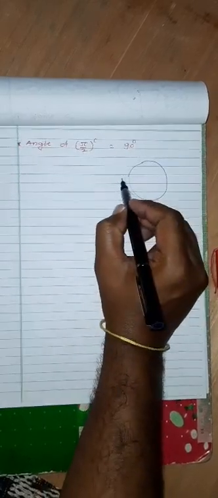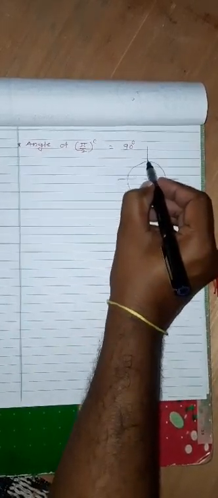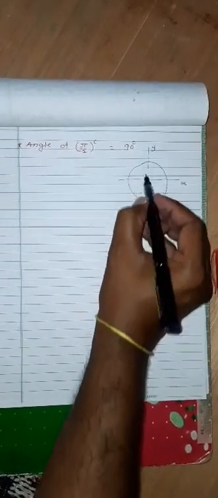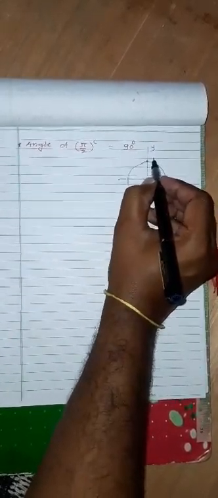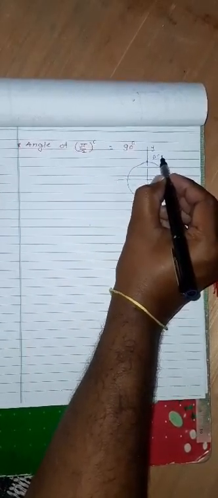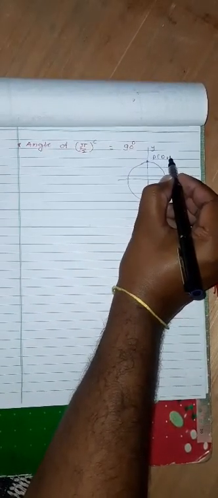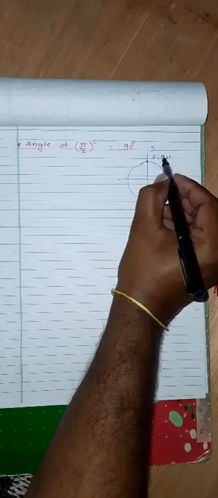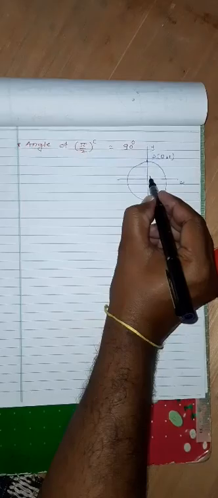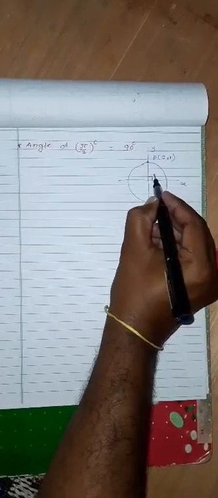Now see here, this is the x axis, and this is the y axis. Suppose P lies here, with x coordinate 0 and y coordinate 1. This is the 90 degree angle, and this is the origin.